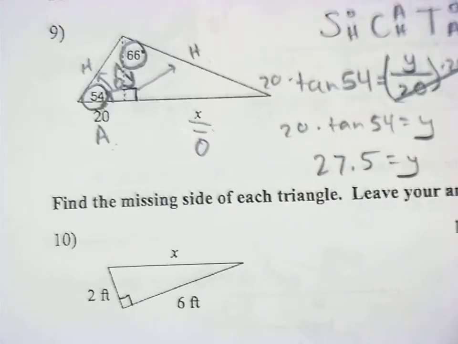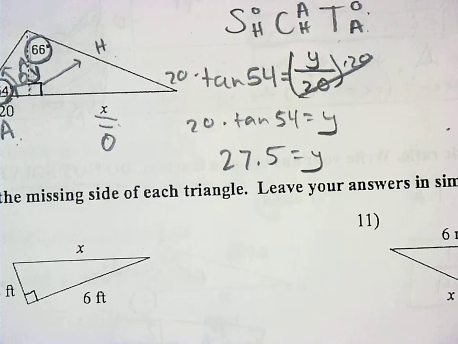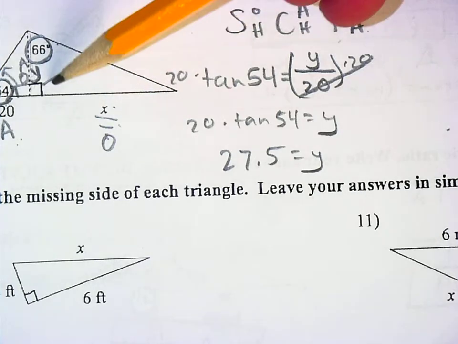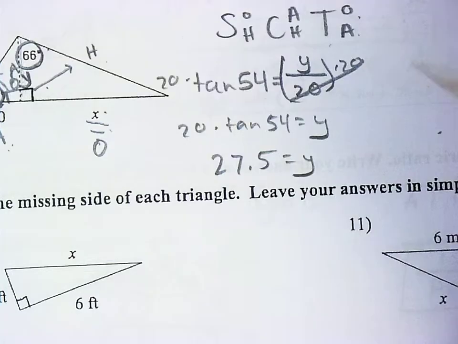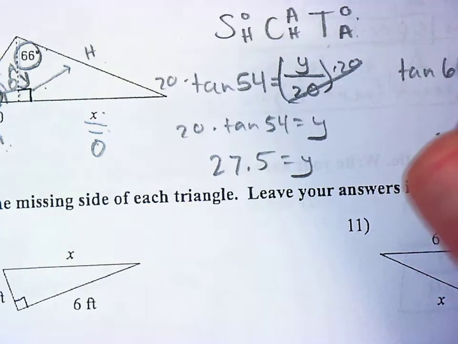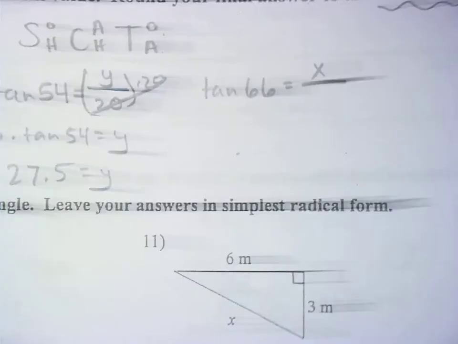Well, now that we have that side, we can solve for x. Well, from 66, x is the opposite, and y is the adjacent. So again, we're going to use tangent, opposite and adjacent. Well, the tangent of 66 equals opposite, which is x, over adjacent, which is y.